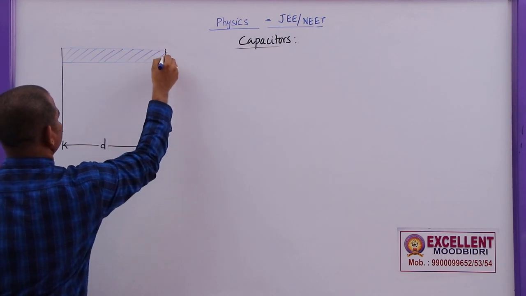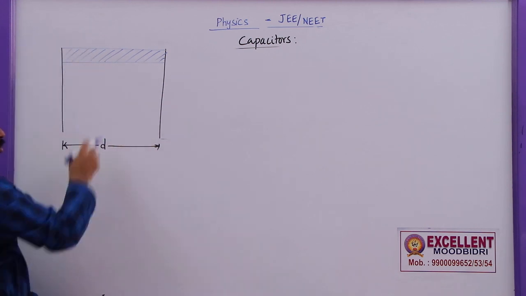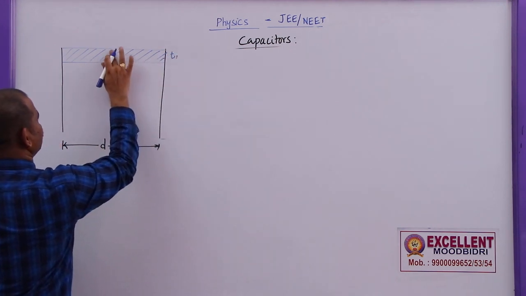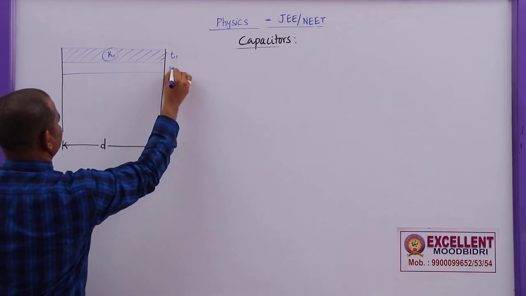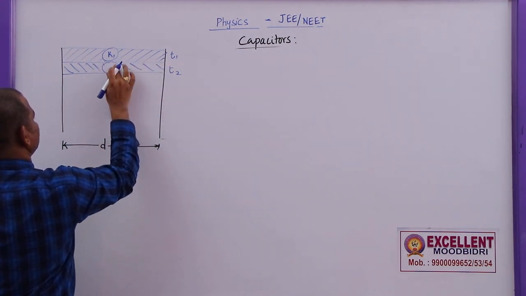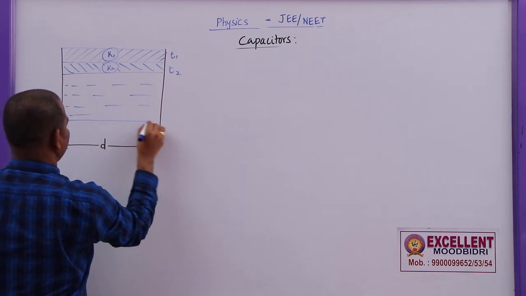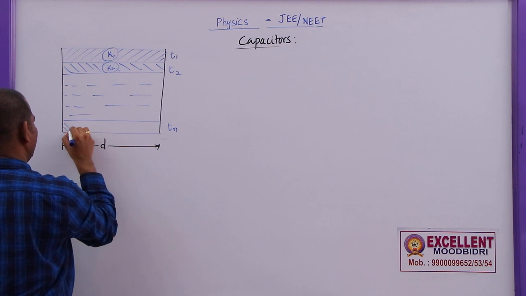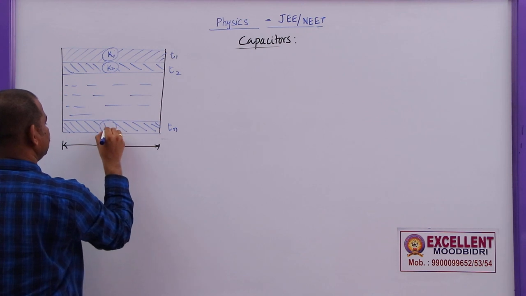In the previous case, the slabs were placed between the two plates vertically, but now the slabs are kept horizontally, with thickness T1 and dielectric constant K1, and the second slab has thickness T2 and dielectric constant K2. I arranged so many slabs here, and let us say this is the last one, whose thickness is Tn and whose dielectric constant is Kn.